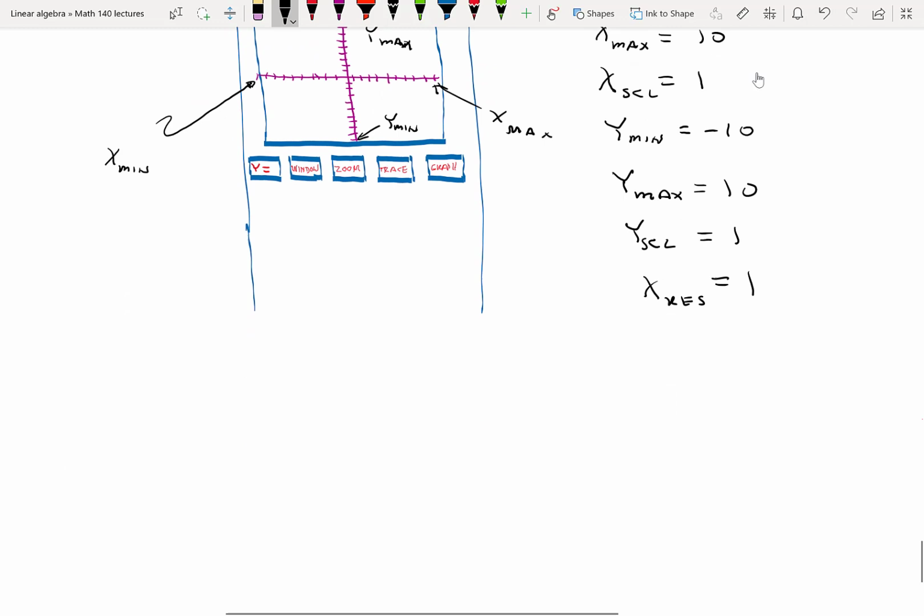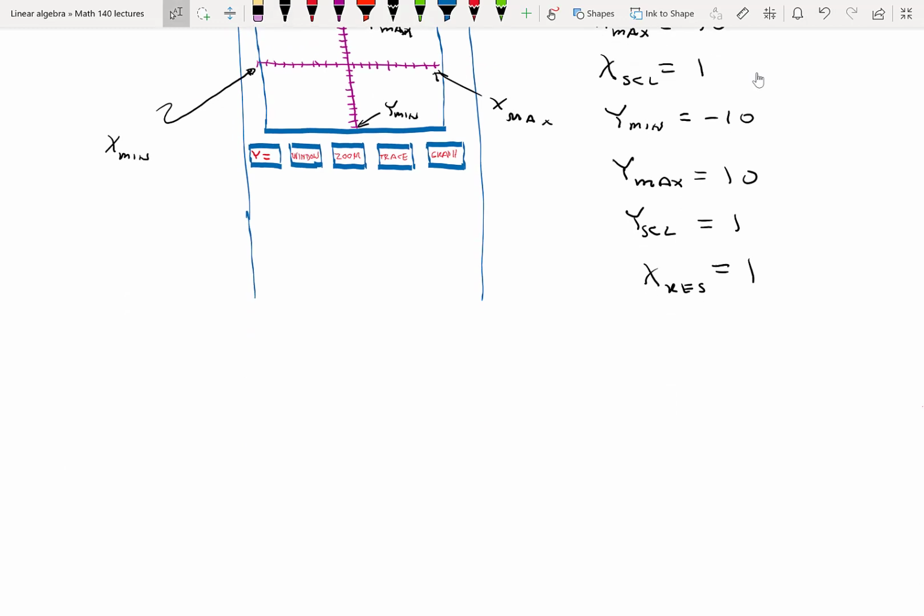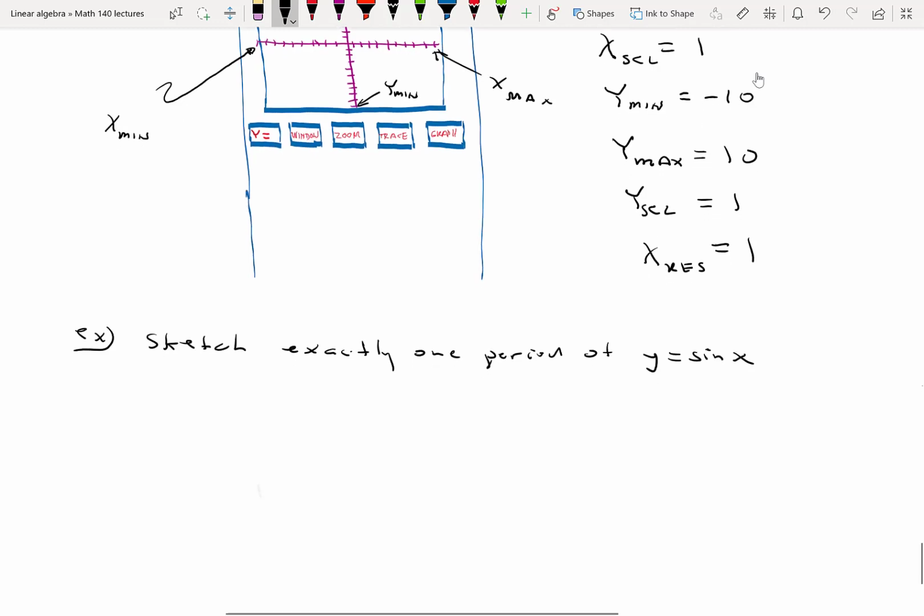So let's get to it. Let's sketch exactly one period. Example, sketch exactly one period of, let's say, y equals sine of x. Okay.